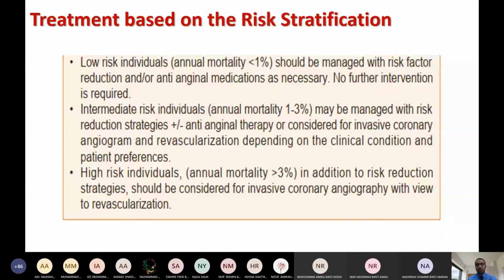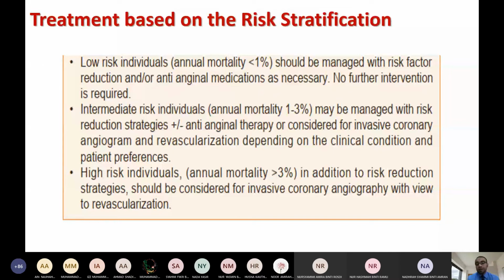Low risk individuals can be managed just by risk factor reduction and anti-anginal medication as necessary. No intervention is required; myocardial revascularization is not that recommended at this level.